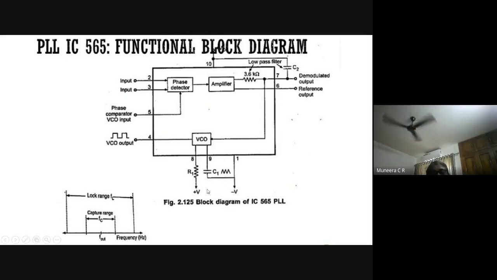You also have to connect the external R1 C1 combination and this C2 capacitor for the low pass filter. You can take the demodulated output from here. So here it shows the capture range and lock range of the PLL.